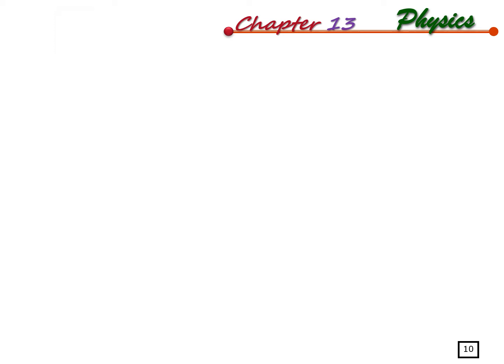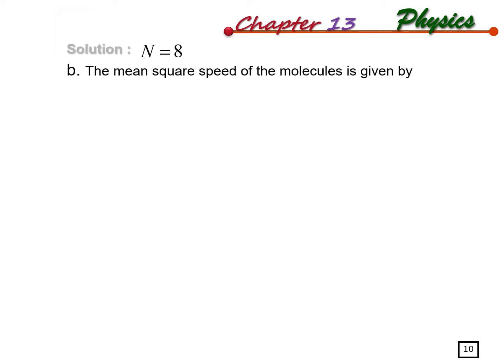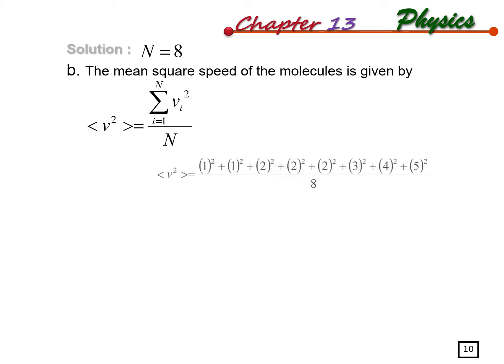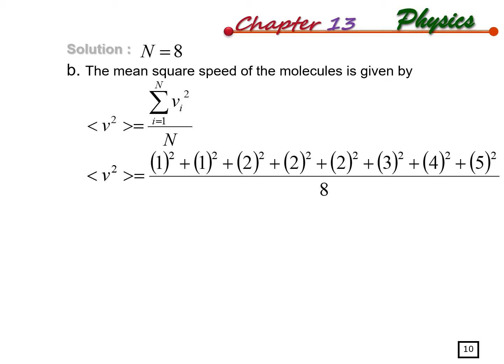For the mean square speed, you need to determine the summation of the squared values and then divide by the number of molecules. So we square each velocity and divide by the total number of molecules, which will end up with 8 meters squared per second squared.